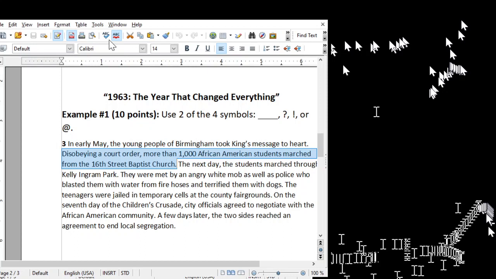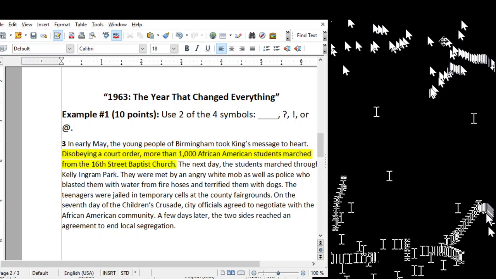And I can't find it on here. Let's see if it's under format, because this is not a Word program. Okay. So let's say I want to highlight this. I highlighted it. Okay.